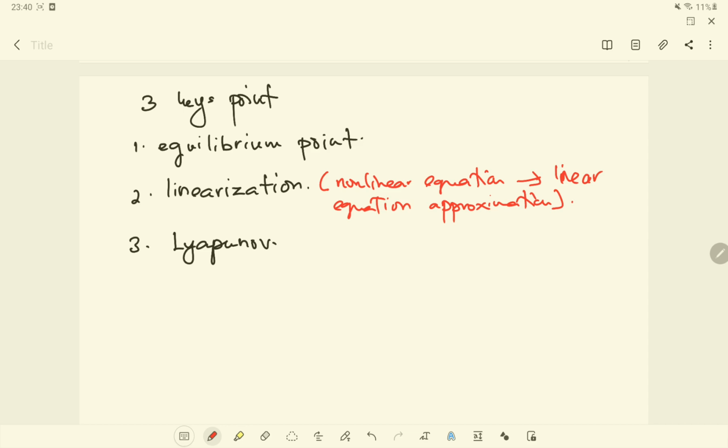That's the definition of linearization. While for Lyapunov, we want to check the stability of the system.